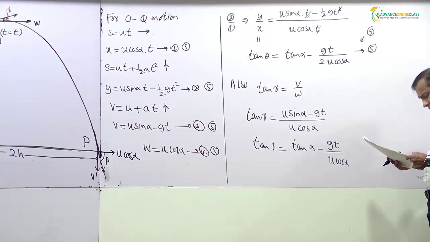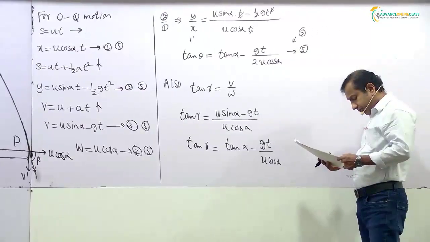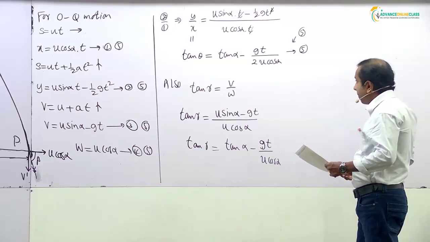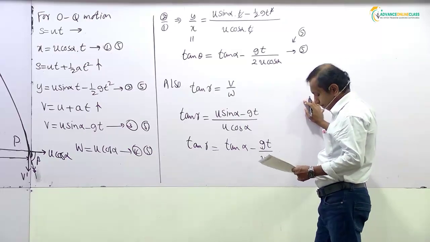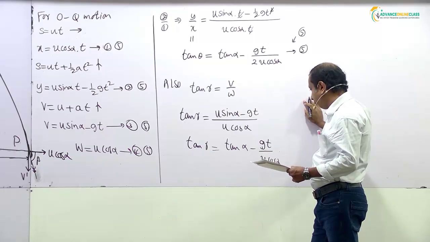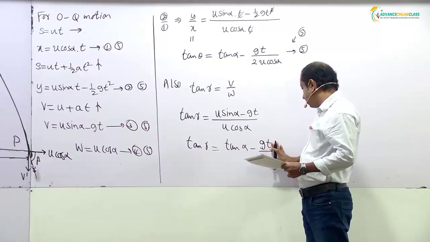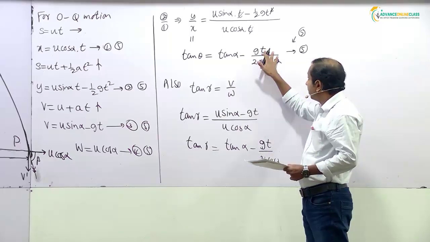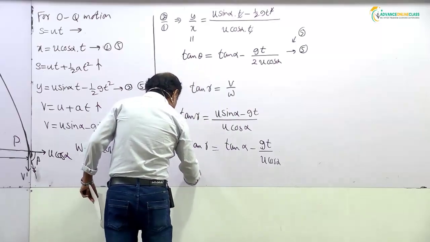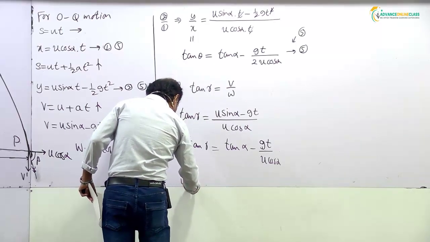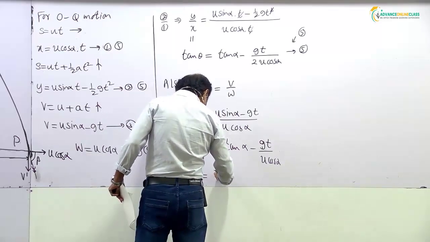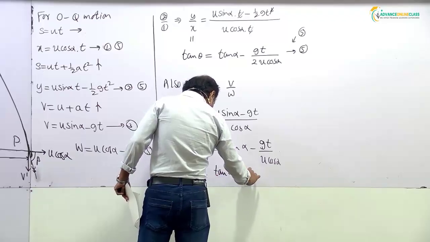And now we can take the next answer. Here, subject this and put that way here. Take this gt over U cos alpha equals tan alpha minus tan gamma.